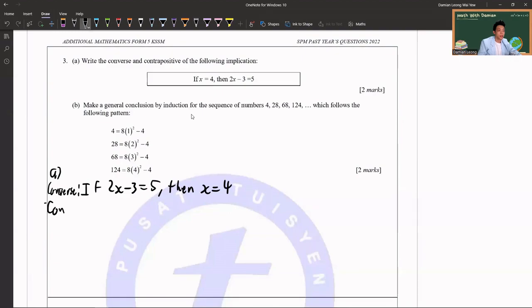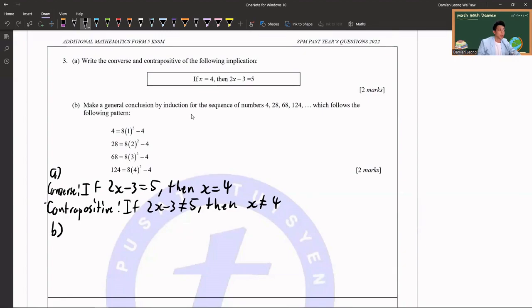The contrapositive is I negate both statements and also switch the antecedent and consequent. Okay, switch antecedent, consequent, and negate. So I negate the converse basically. If 2x minus 3 is not equal to 5, then x is not equal to 4. Like that. That's the converse and contrapositive.